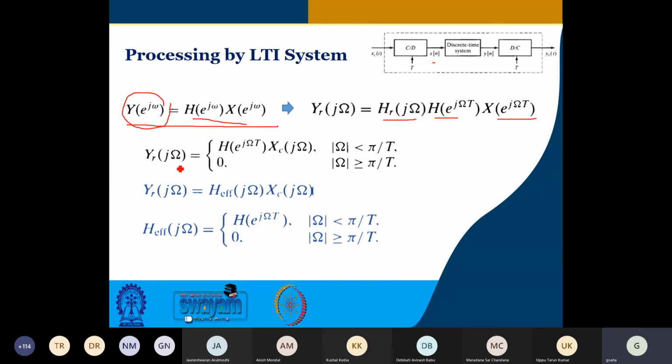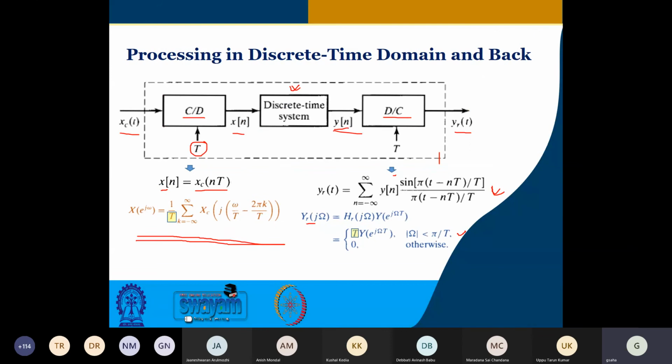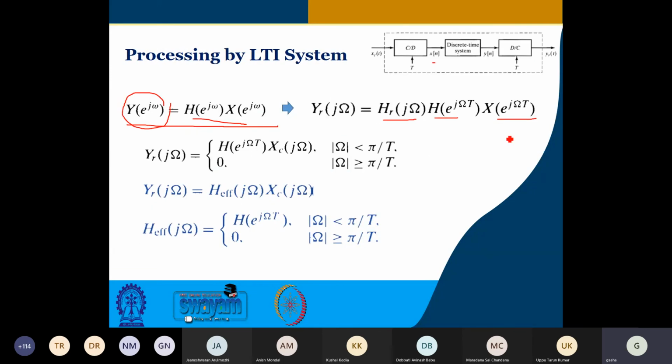So Yr(jΩ), the reconstructed one, is nothing but H(e^{jΩT}), the discrete time system that you have got, and Xc(jΩ), from the previous relationship within this. And overall, what you get in that case, Yr(jΩ) is H effective(jΩ) times Xc(jΩ), where H effective(jΩ) is defined in this manner, right.